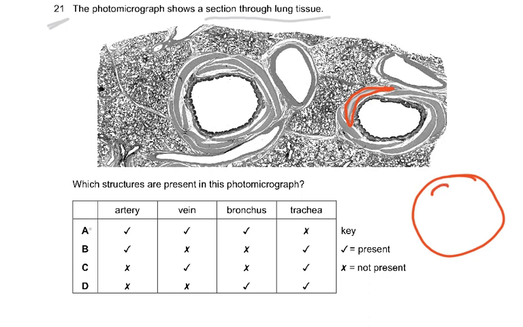A trachea, as I explained to you earlier, would have a C-shaped cartilage in it. But there's no trachea in it. And there's only one answer. So the answer is A. There were plates of cartilage, but there was no trachea in it.